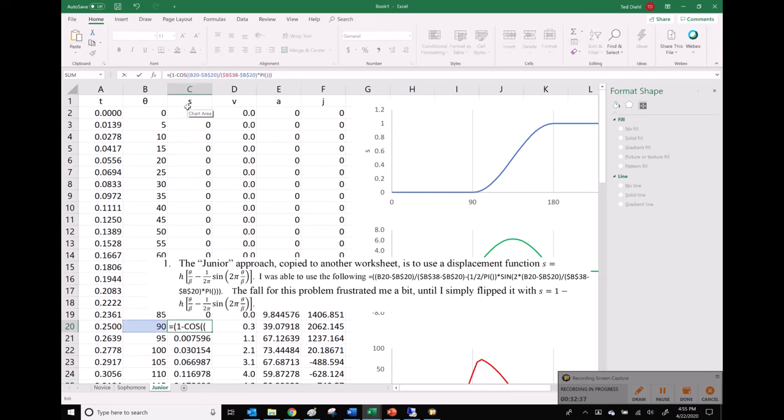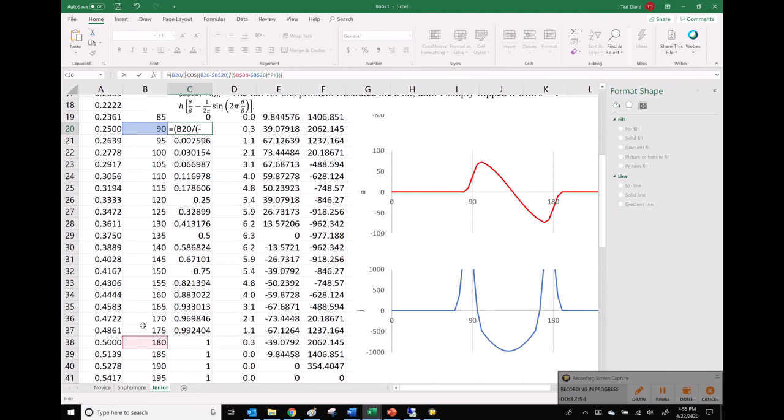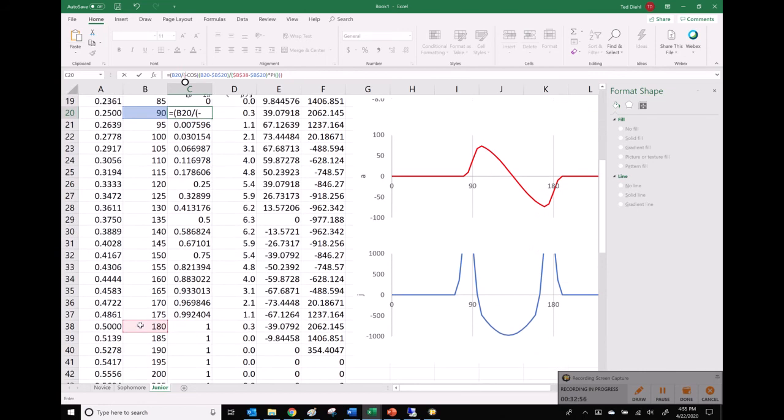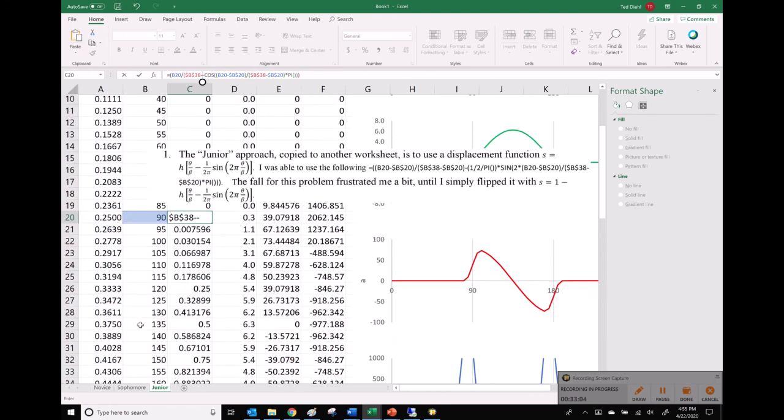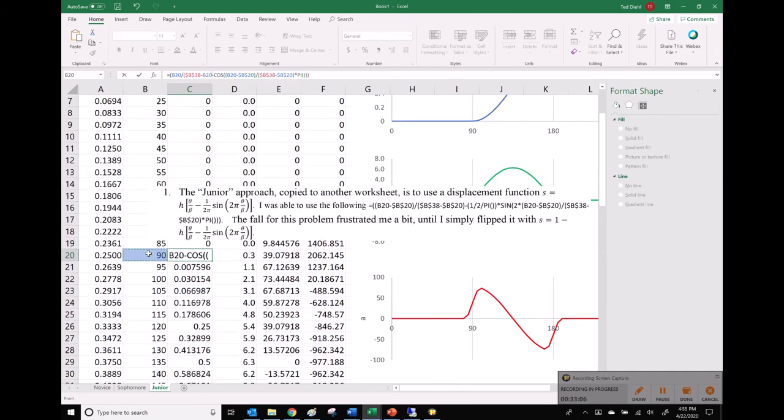So that 0.5 goes away, and where we have 1 right here instead, we're going to have whatever that angle is divided by the span, right? So once again, we're going to need to divide this with an F4, and minus this with an F4.